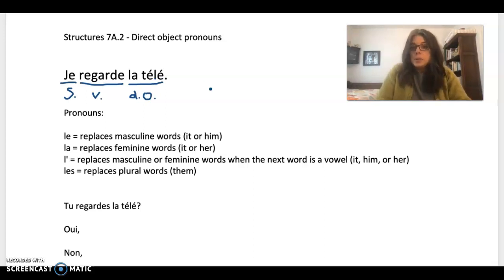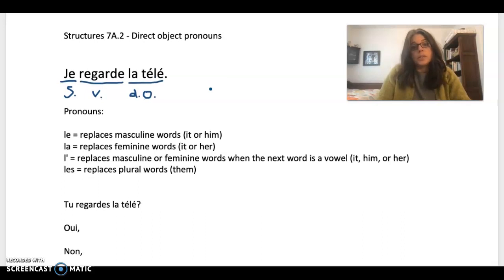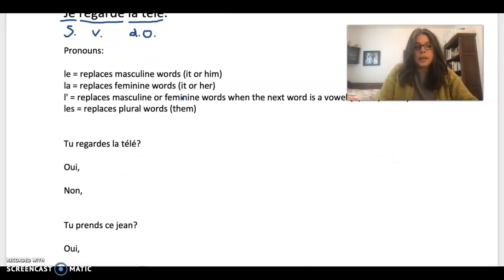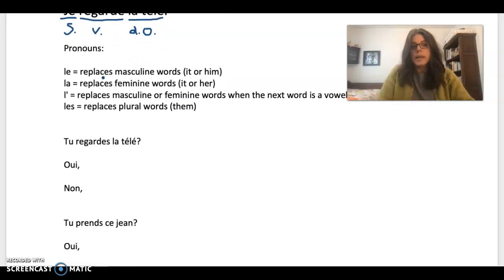So why do we use pronouns? We use pronouns to avoid repeating words, to avoid repetition. It makes sentences simpler. So this is, I watch television. If we wanted to replace television with a pronoun, we would say it in English. So we would say, I watch it. That's all this is, okay? So in French, it or him is the word le.